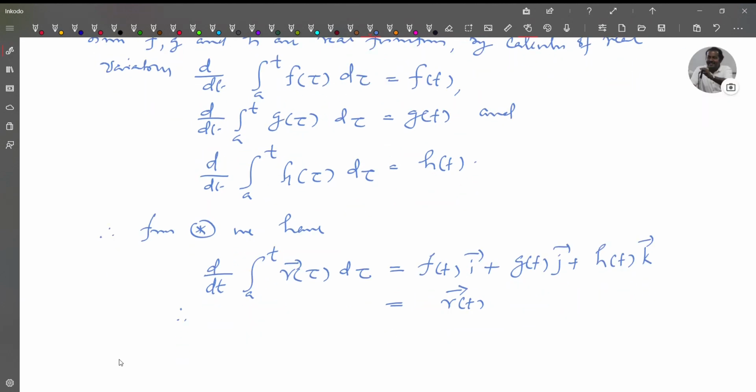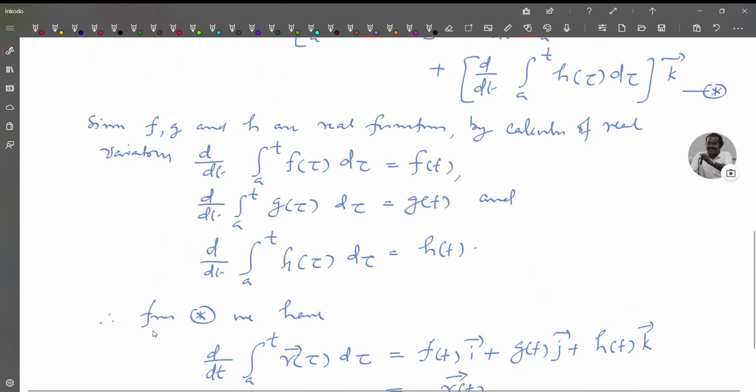Therefore, the integral from a to t of r of tau d tau is an antiderivative of r of t. So this proves result 3.